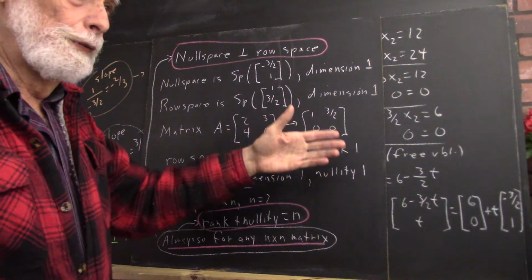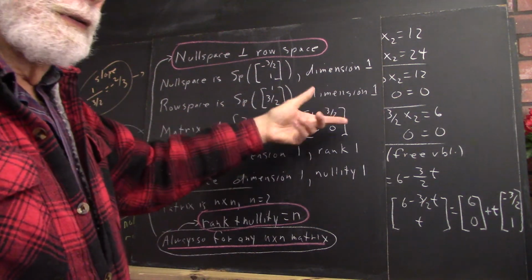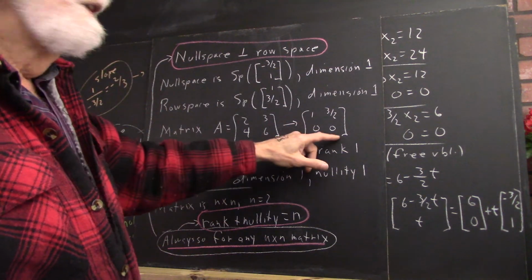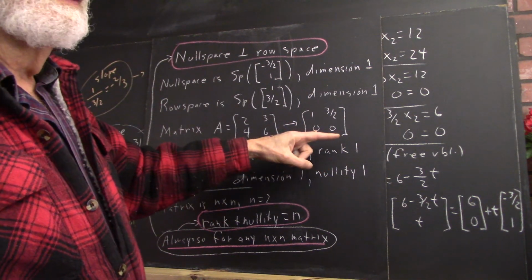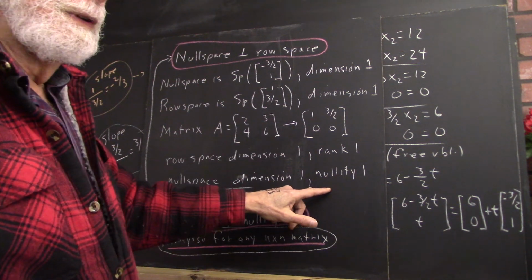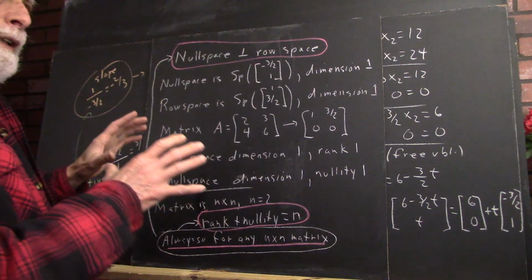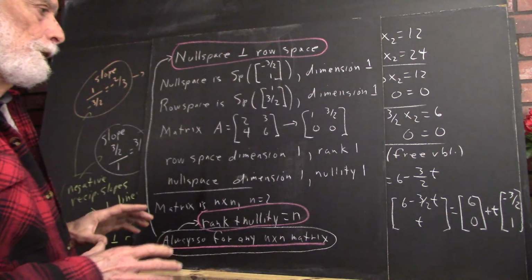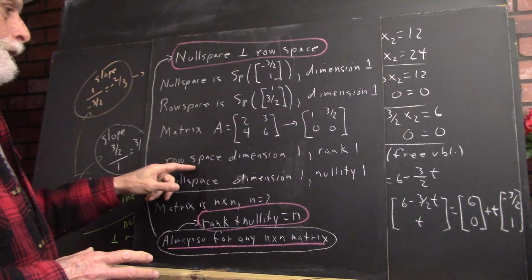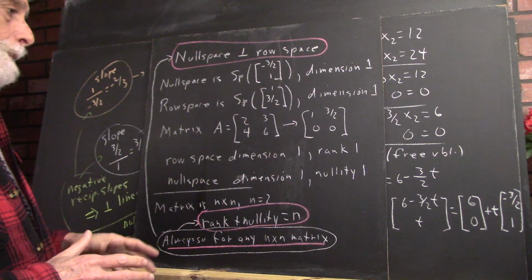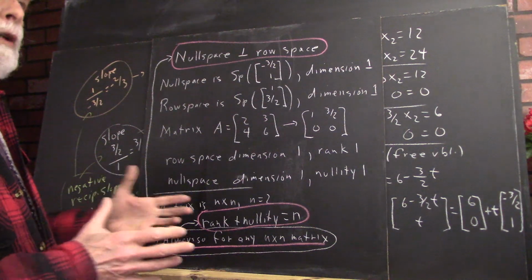Because if you have one non-zero row, that's rank 1. And you have one zero row, that means your nullity is 1. That's the simplest overall picture I can give you of row space and null space. Now I'm going to go on and talk about what happens if you have a 2 by 3 matrix.